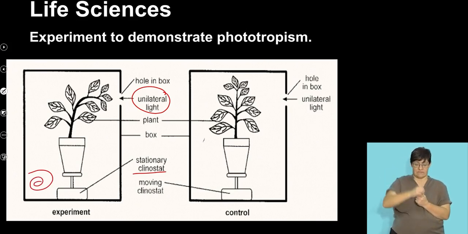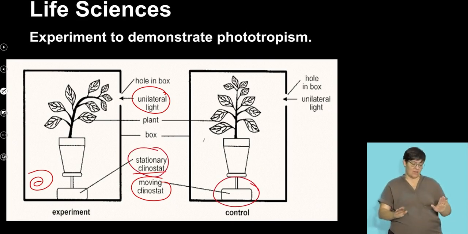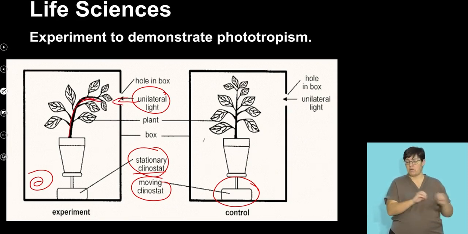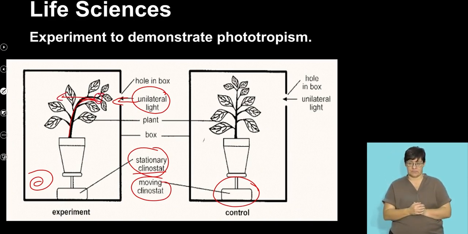In this experiment, the clinostat is switched off, and it means that this plant is not moving. This is a moving clinostat and this is the stationary one, and we see that as time progresses the plant that is stationary tends to move towards the source of light. So this natural bending means that the auxins are moving in the opposite direction, causing the elongation in that direction.